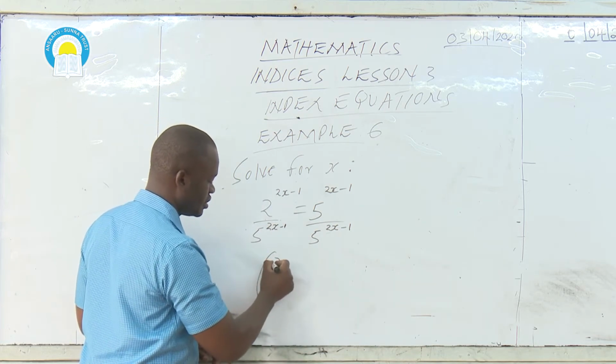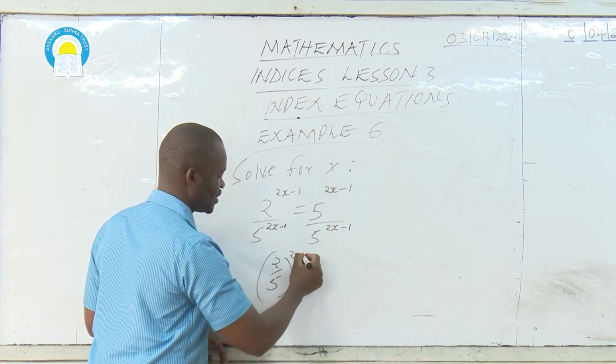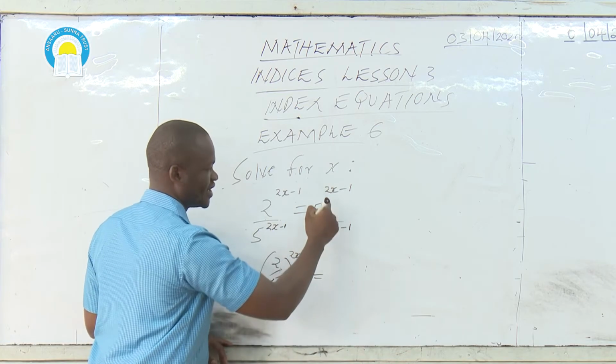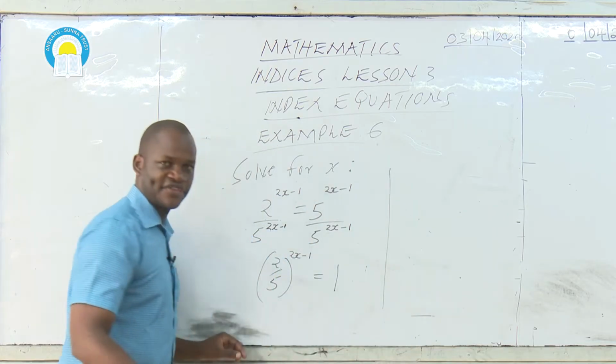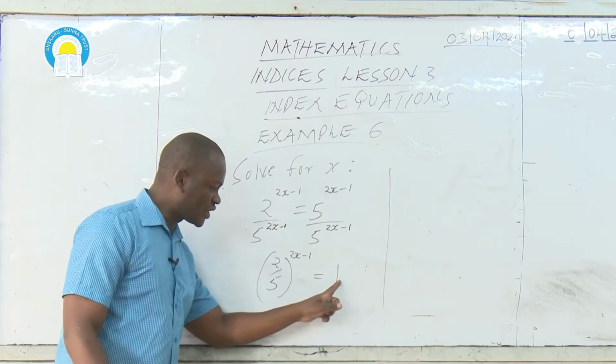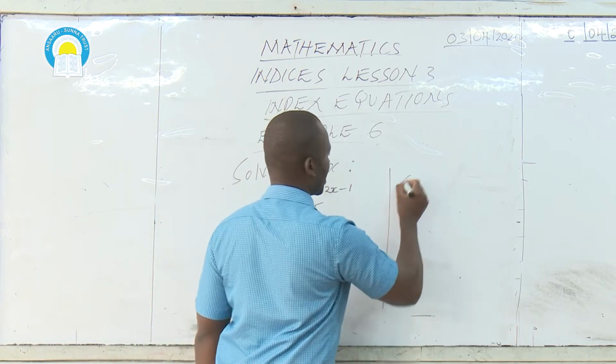This would give me 2 over 5 power 2x minus 1. Now, this and this will give me obviously 1. Then I express 1 in terms of base 2 over 5. Now what will I have here?